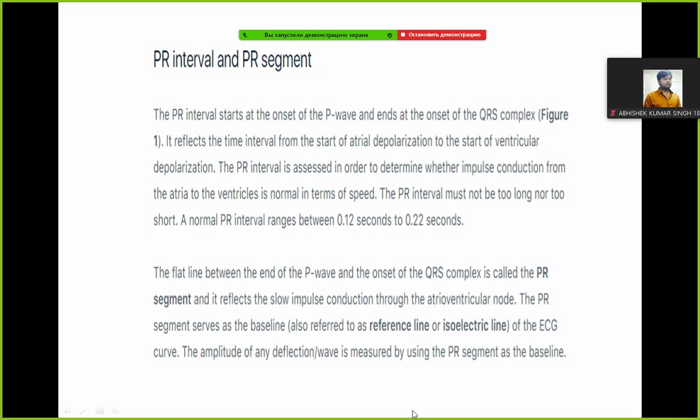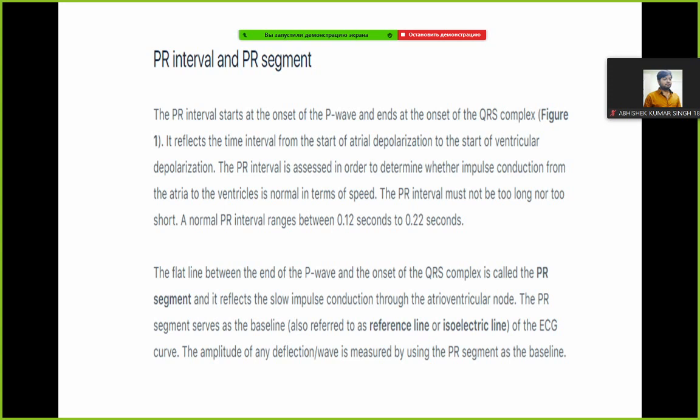Next, PR interval or PR segment. The PR interval starts at the onset of the P wave and ends at the onset of the QRS complex. It reflects the time interval from the start of atrial depolarization to the start of ventricular depolarization.